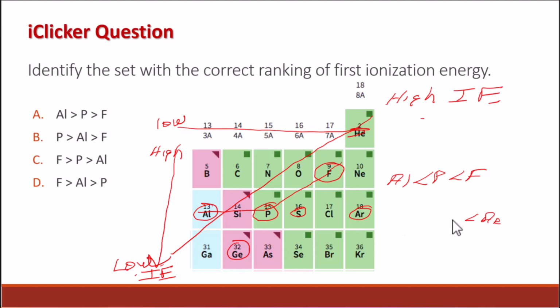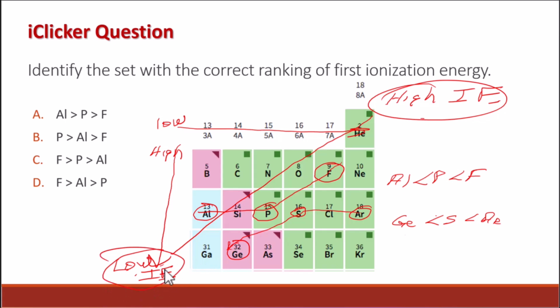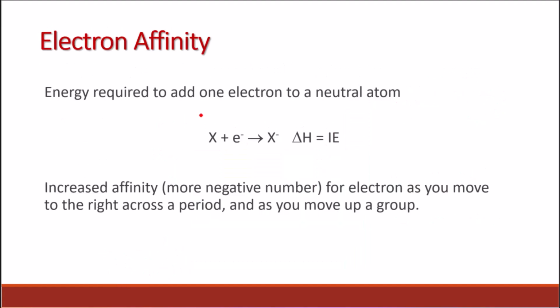And then we would go across to sulfur, which would have a higher ionization energy than germanium. We're just using our trends, guys. Okay? High ionization energy up in the right-hand corner, and then low ionization energy down here in the lower left corner. Okay? Electron affinity is a little bit tougher.